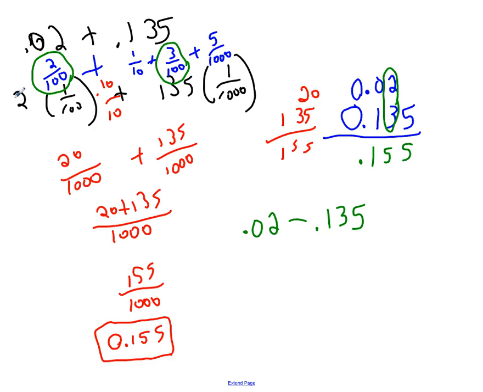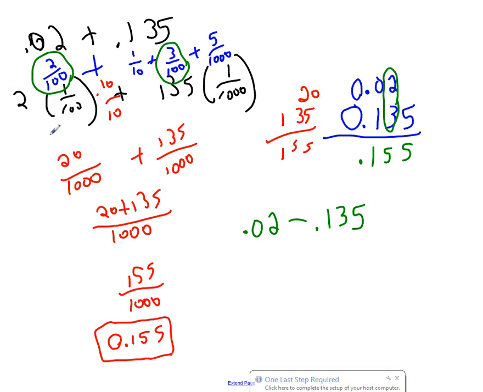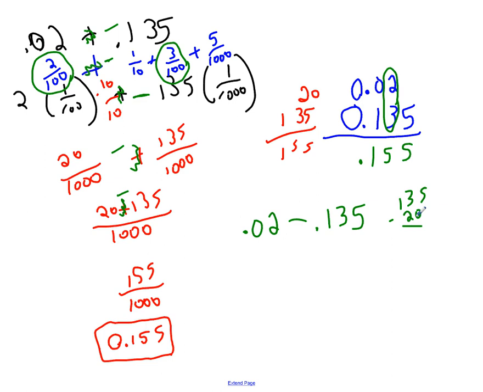let's get a new page so it's not writing over the old stuff. So let's take all of these pluses, turn them into minuses. With fractions, it's no problem. 20 minus 135. Well, the second number is bigger, so we're saying 135 minus 20.